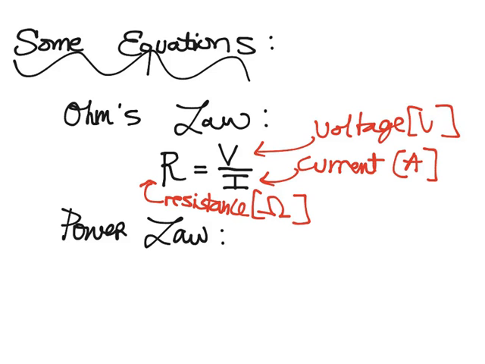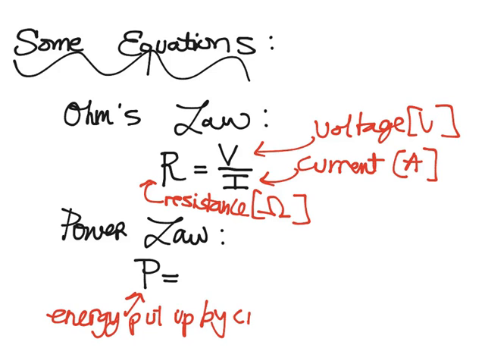Okay, the power law tells us the amount of energy that's put out by a circuit in a given time. So think about it as energy put out by a circuit in a given time.